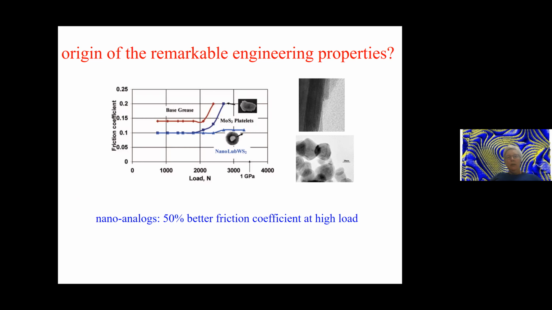So as you probably know, transition metal dichalcogenides are the world's best solid state lubricant. And it turns out that if you go to a nanoscale analog, such as these nanoparticles, the solid state friction coefficient under high load is 50% better. So we've always been interested in the microscopic origin of engineering properties.